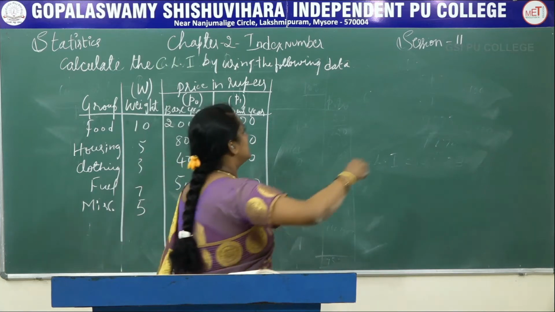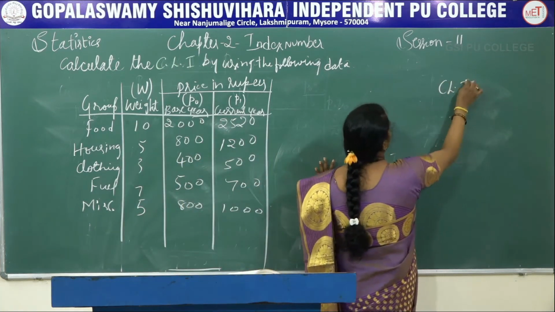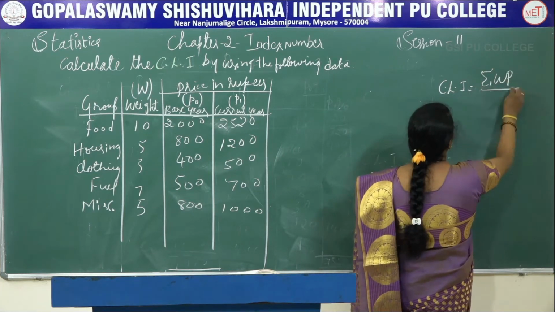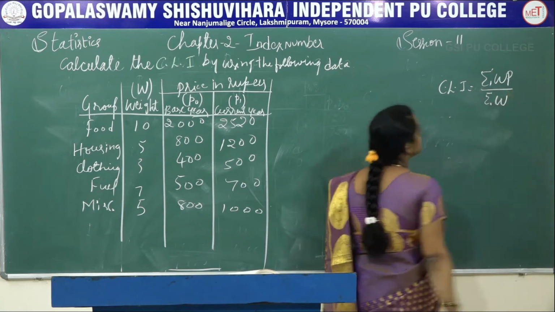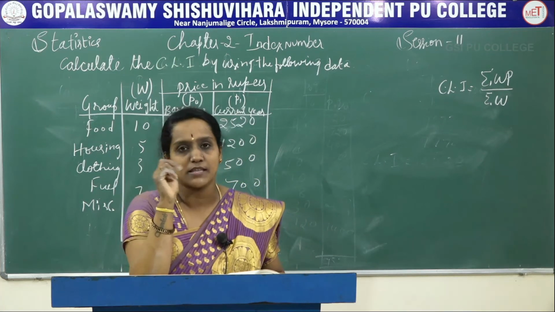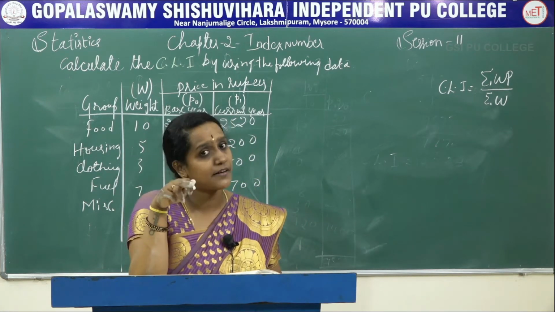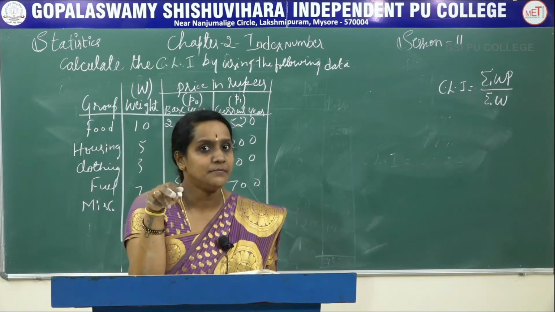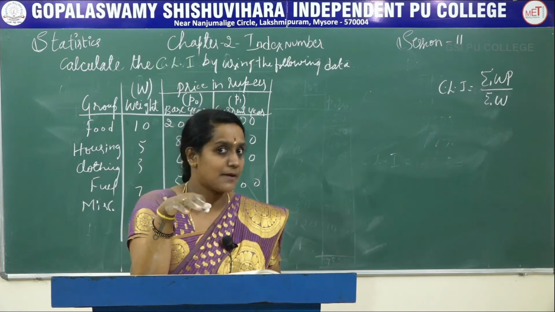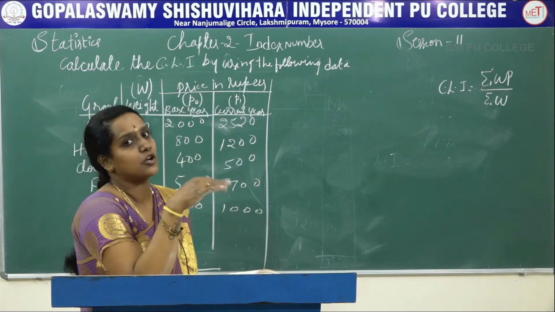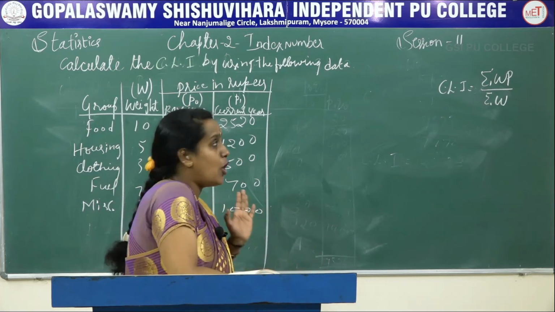Instead, the cost of living index formula is summation of WP divided by summation of W. As we did for the simple aggregative method using weighted AM, that is arithmetic mean, the same steps we are going to follow in this problem also.